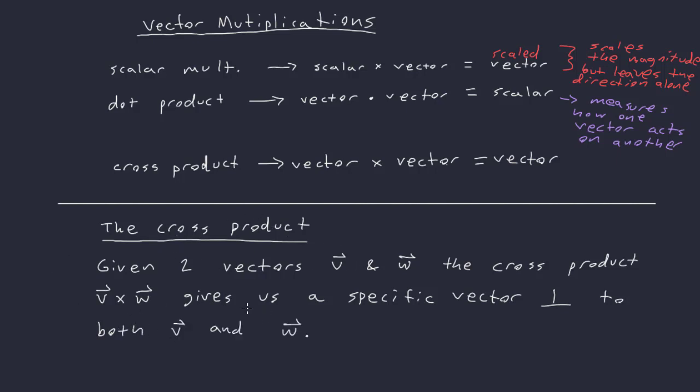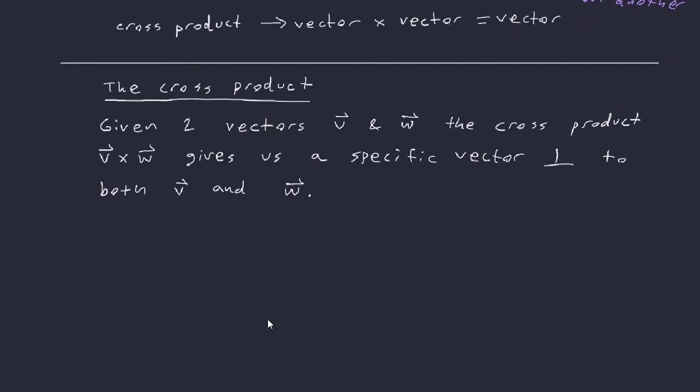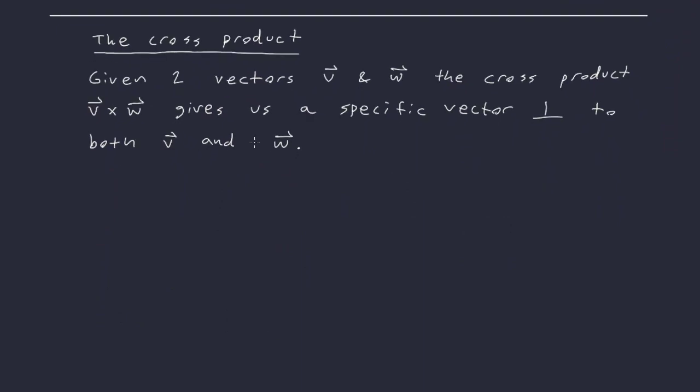Okay, so the first question I think that pops up is, well, what direction are we talking about? Because if you have two vectors, say a v and a w, there are going to be two directions that are perpendicular to both.